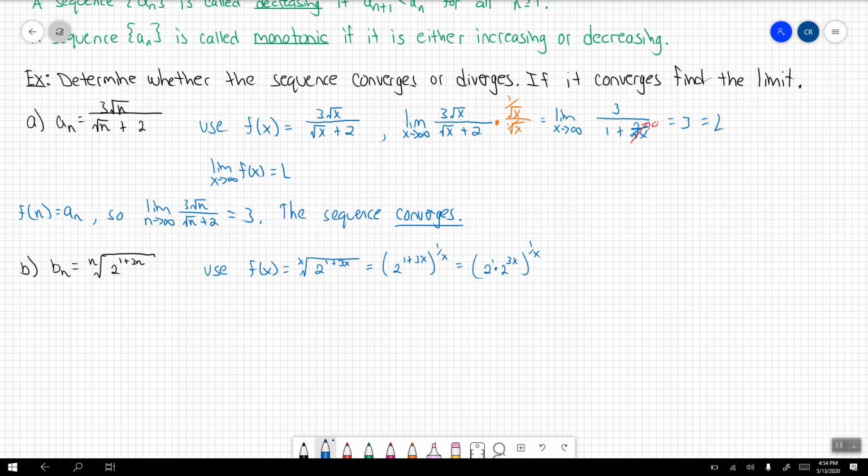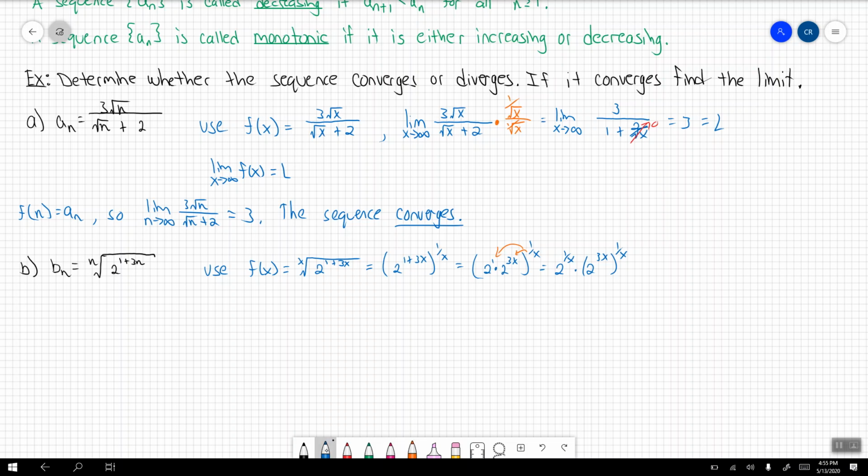Now, using my algebraic properties, I'm going to distribute this exponent, which is going to get me 2 to the power of 1 over x multiplied by 2 to the power of 3x, all to the power of 1 over x, because again, I distributed that exponent there. The only reason we can do that is because the bases are being multiplied.